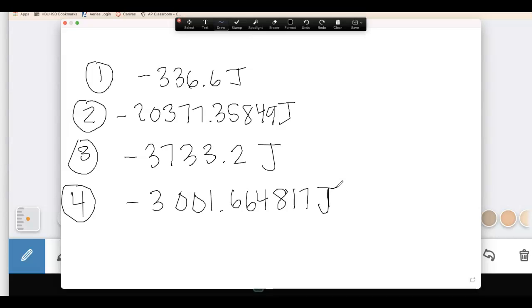So now you take all these and you add them together. Combine them. If you have the kind of calculator, you can keep all the numbers in your calculator and then just add them all together.